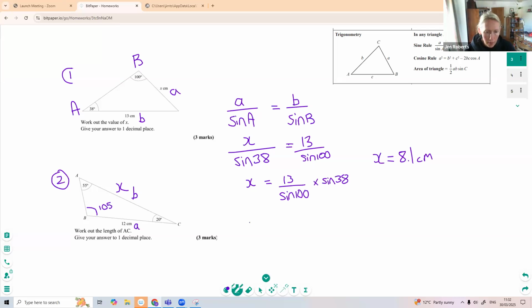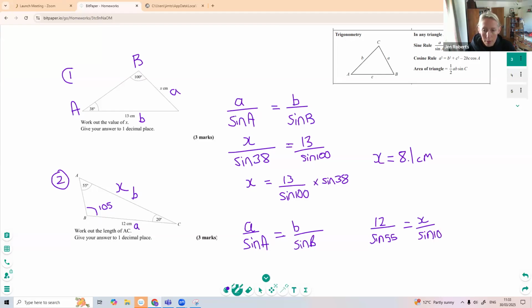So we have a over sine A equals b over sine B again. 12 over sine 55 equals X over sine 105.